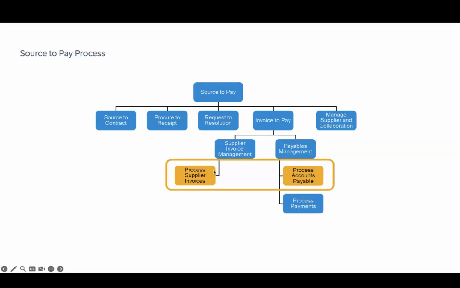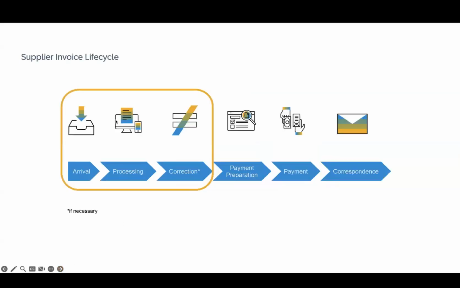Processing supplier invoices is where we go next. In the invoice life cycle, the invoice arrives, goes through processing and correction, if the invoice isn't correct, and we'll have a look at our three-way match a little bit later on. Then we move on to payment preparation, the payment, and the remittance advice that we send out.